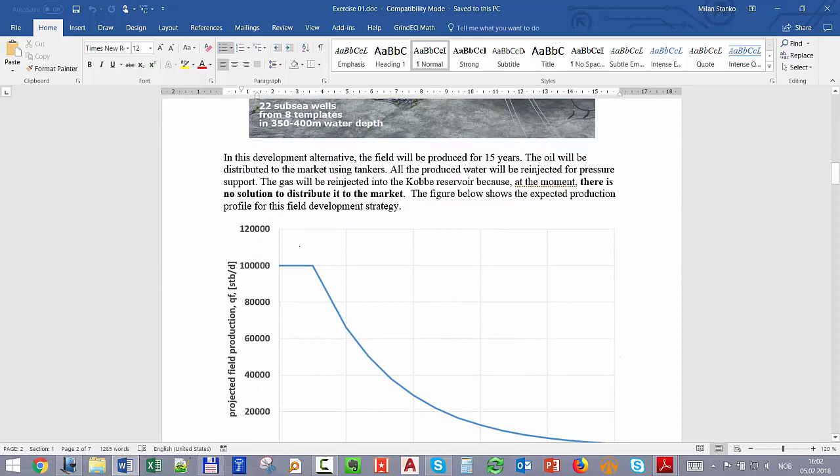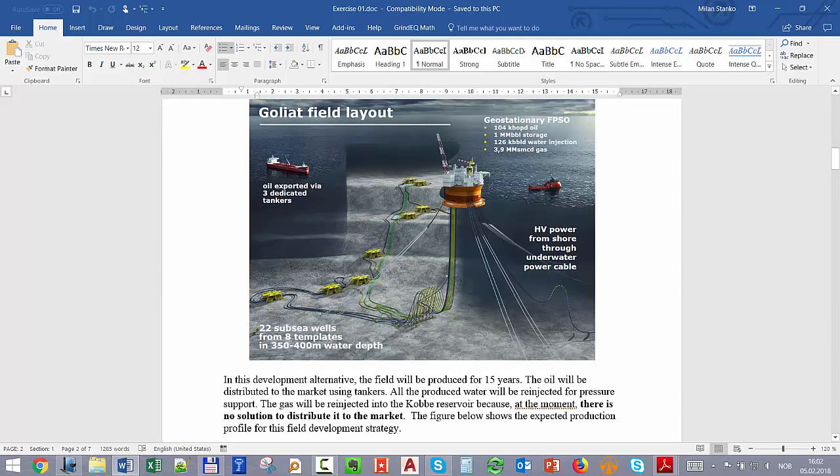Remember capex: we need many different things in that capex, but we are going to assume here that the main bulk of the cost is the platform itself, the Sevan platform, the processing facilities, the risers, everything that it has inside.